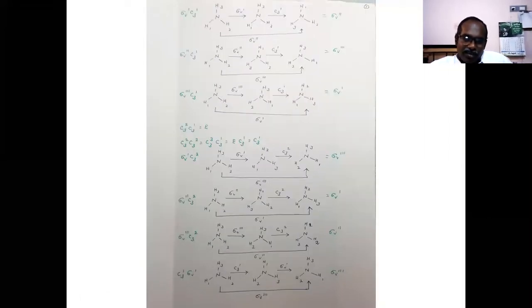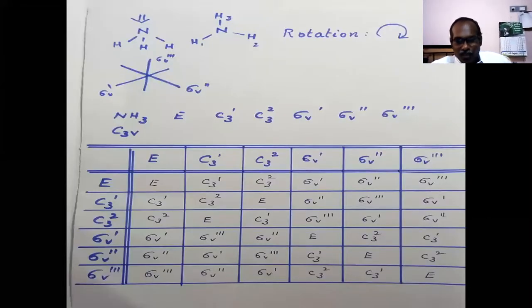Now look at the first product. Look here. Is it clear? C3 once, C3 twice, C3 twice, and C3 once E. And look here, C3 and sigma V double dash, sigma V triple dash, and sigma V dash.